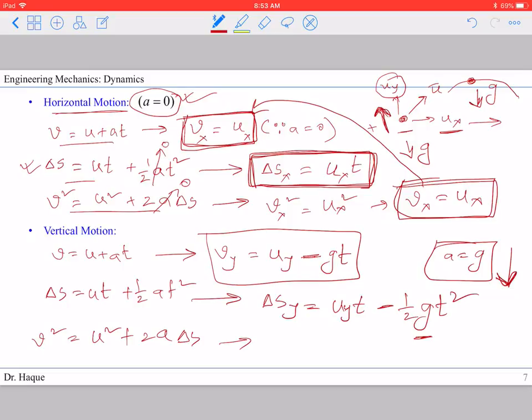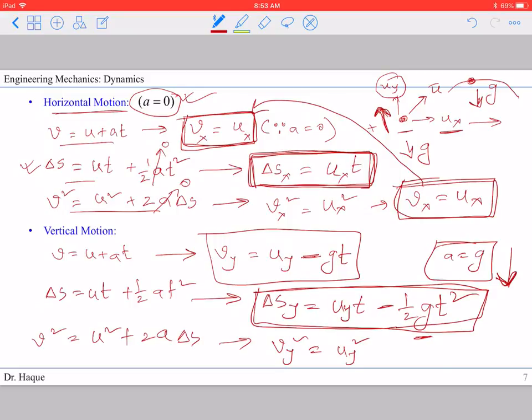If we apply that formula, we get vy squared equals the y component of the initial velocity squared minus twice g delta s in the y direction. So these are the formulas for vertical motion.